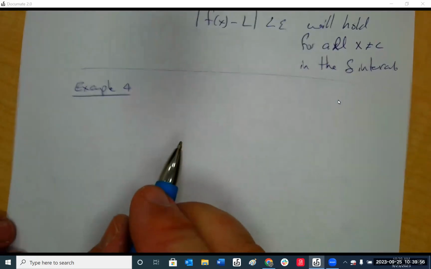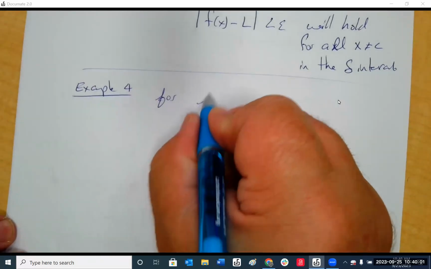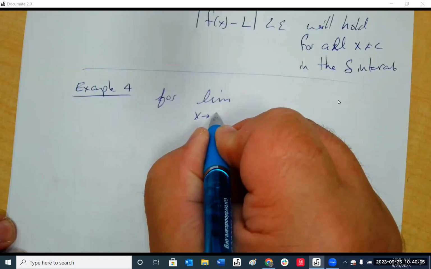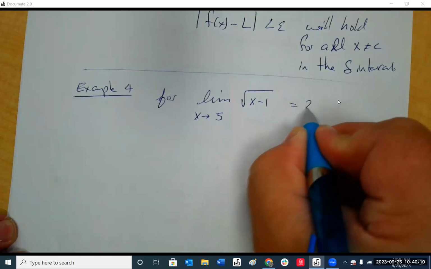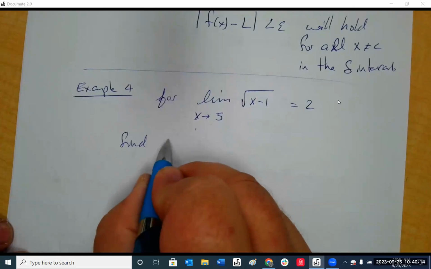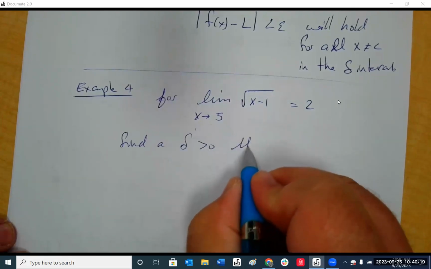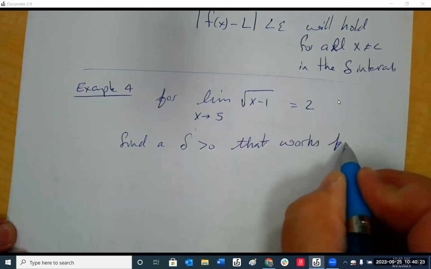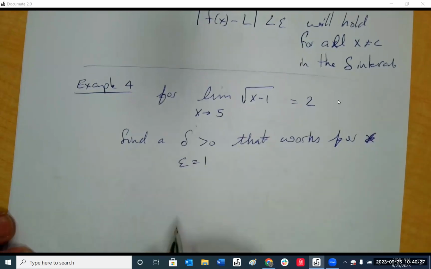Example 4. For the limit of the square root of x minus 1 as x goes to 5 equals 2, find a delta greater than 0 that works for epsilon equals 1.